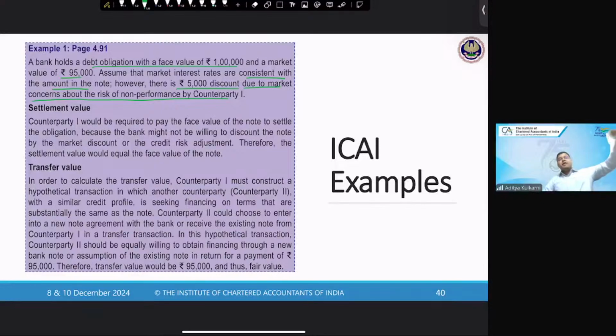Okay. So I have a face value 1 lakh, a market value of 95,000. Now, counterparty would be required to pay the face value of the note to settle the obligation because the bank might not be willing to discount the note by the market discount or the credit risk adjustment. Therefore, the settlement value would equal the face value of the note. Are you okay with this?